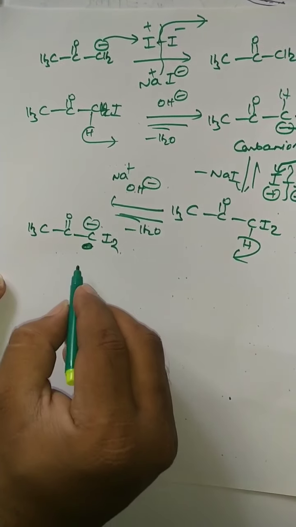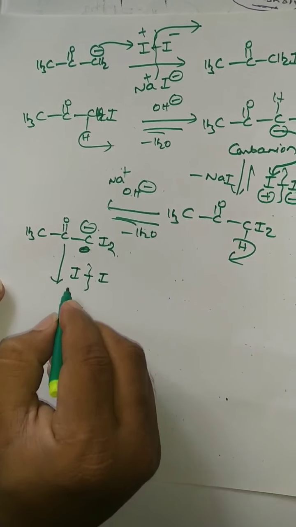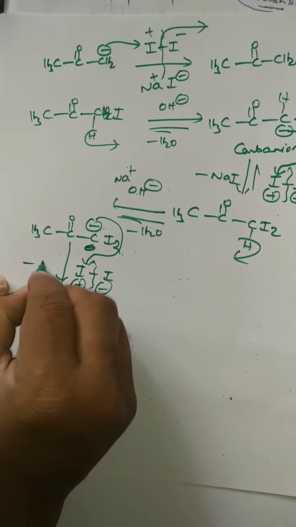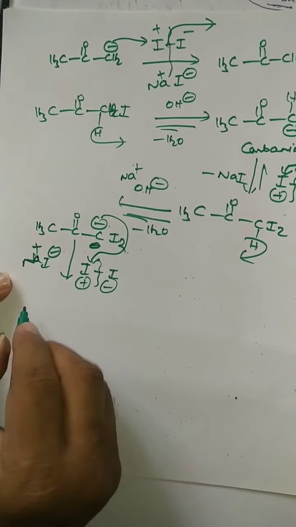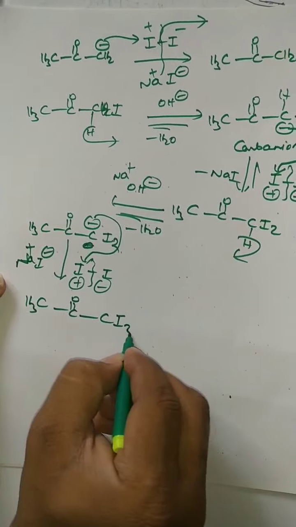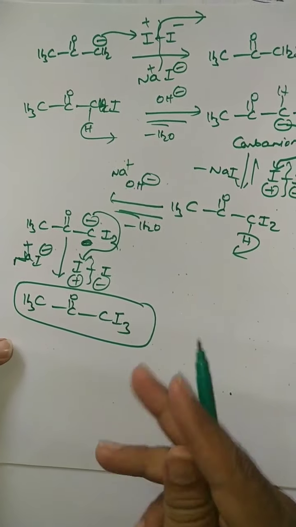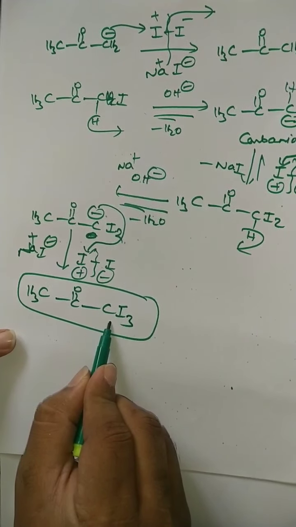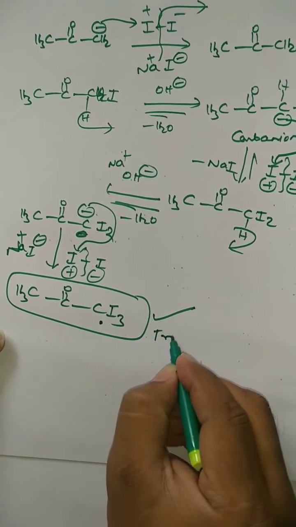Now again it is treated with iodine, I plus I minus. This C minus will take this I, again I minus is eliminated. I minus interacts with sodium, and Na plus I minus will be eliminated out. So CH3 C double bond O, CI3. So finally we will get this. That means multiple halogenations take place. 3 times iodination takes place because all the 3 alpha hydrogens are replaced by 3 iodines. So finally I got triiodoacetone.